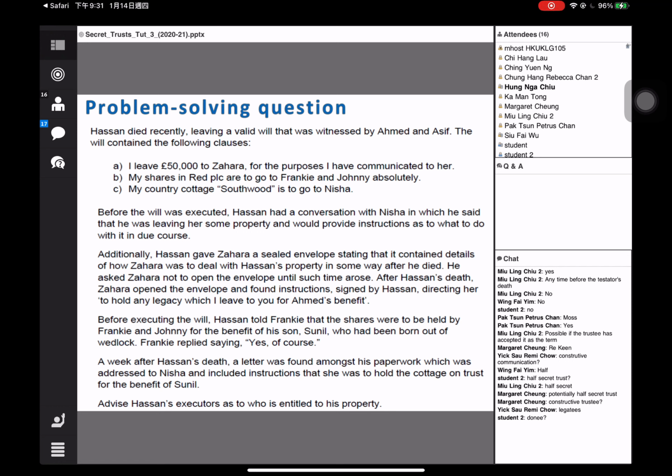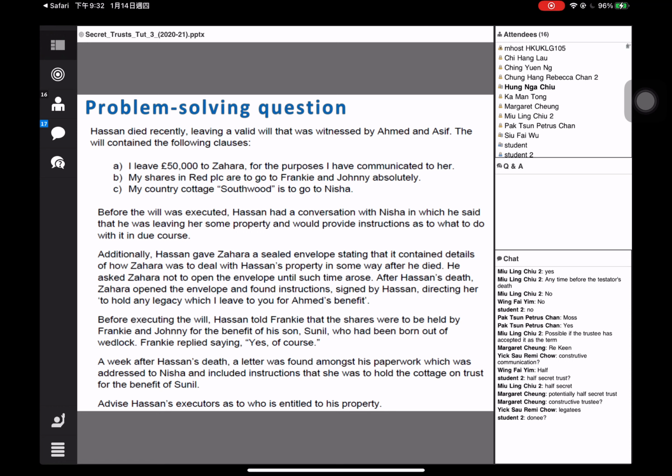So just be aware of that in case you see it written. Primary donee, that's the secret trustee, the one who gets the property first, and the secondary donee is the secret beneficiary. So the terms are sometimes used interchangeably. Just be aware of that in case you're reading through a judgment and you think, what does this mean, primary donee? It's just another name for the secret trustee, essentially.